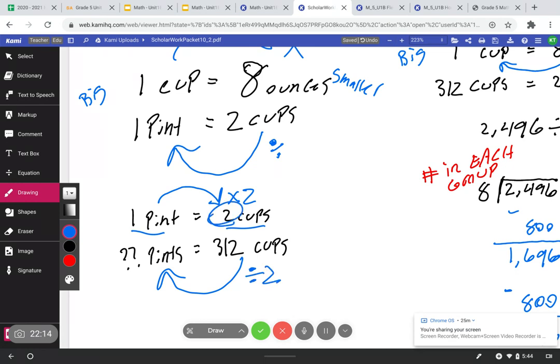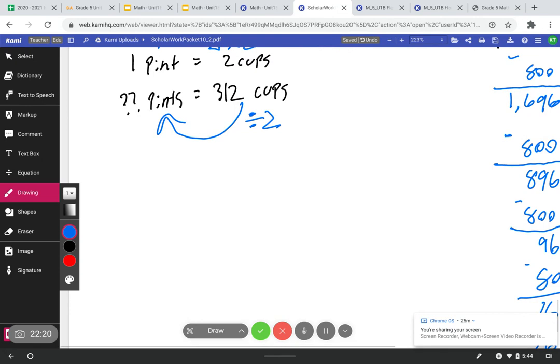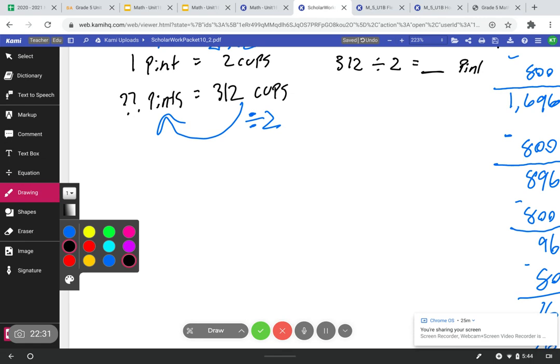I'm going to divide by 2. So I'm dividing 312 by 2. Let's write that out. 312 divided by 2 equals blank pints. So let's find out how many pints are in 312 cups.